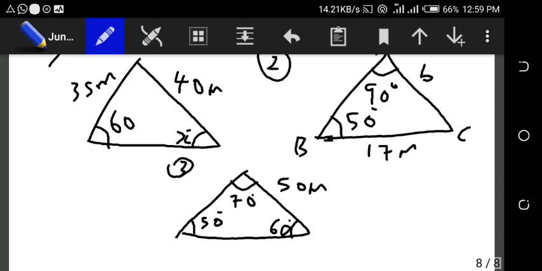Find lettered angle A, and let me call this X, and also find Y. So in this last example, number 3, you might have to reason it out properly. That means you take it one after the other. You solve for X. When you're done solving for X, you solve for Y.